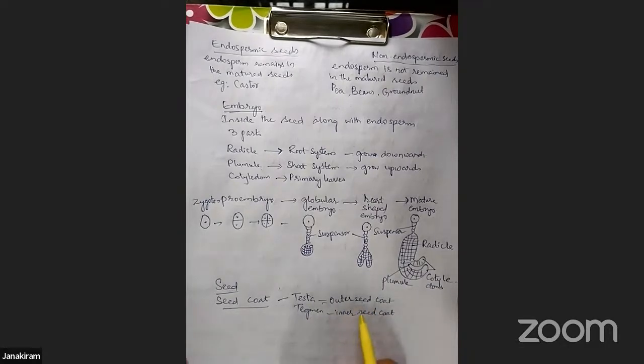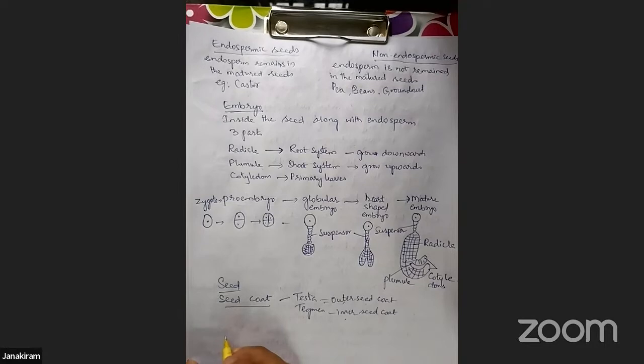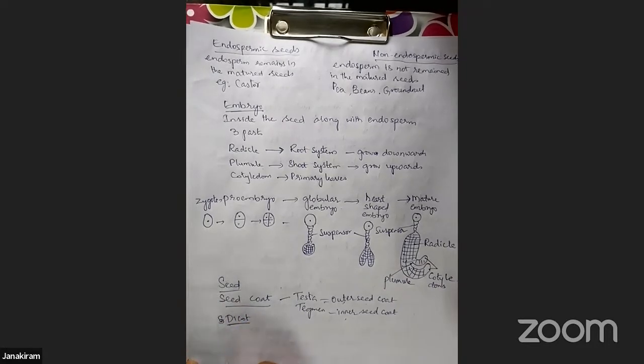Actually, these are nothing but the outer integument of the ovule and the inner integument of the ovule. And inside the seed coat, we can see the presence of endosperm and the embryo. There is a difference between the dicot seed and the monocot seed. Let us see the diagrammatic representation along with the parts here.